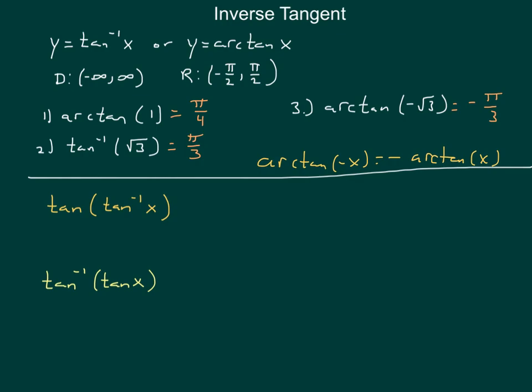Now again, as you're working on these things, the inverse relationship that we have, this is equal to x, provided that x is a real number. And in the last one, that's going to be true. That will equal x, provided that x is from -pi/2 to pi/2.